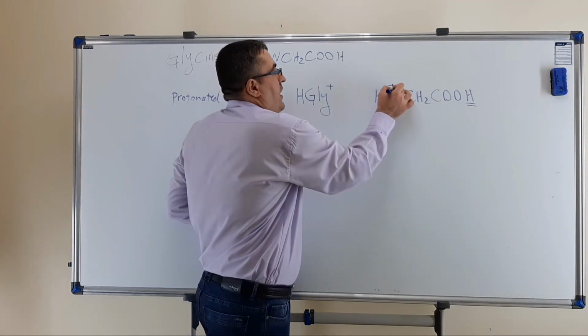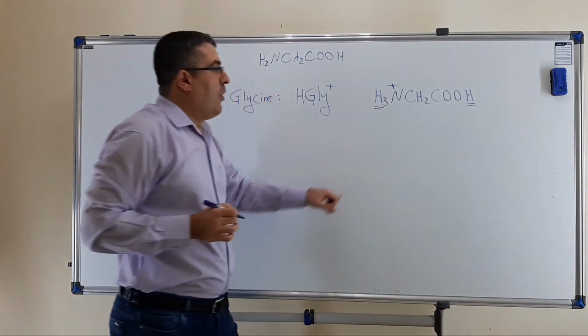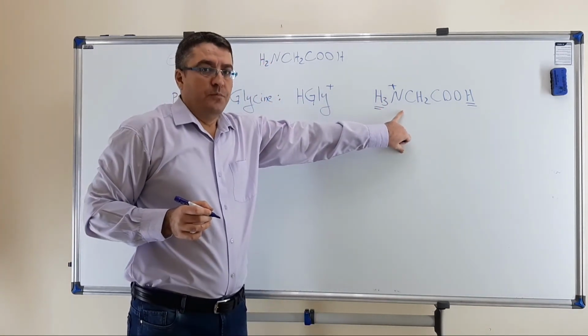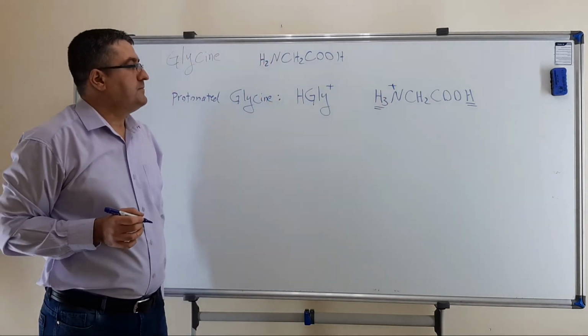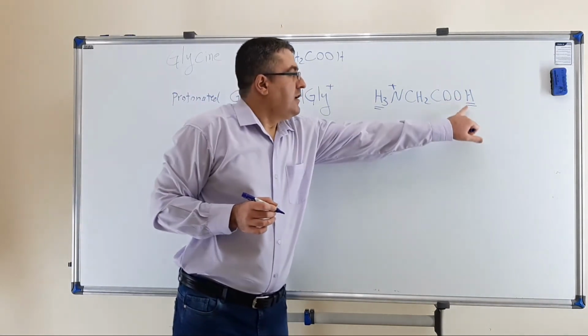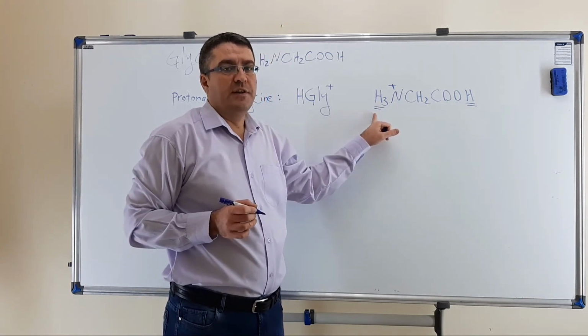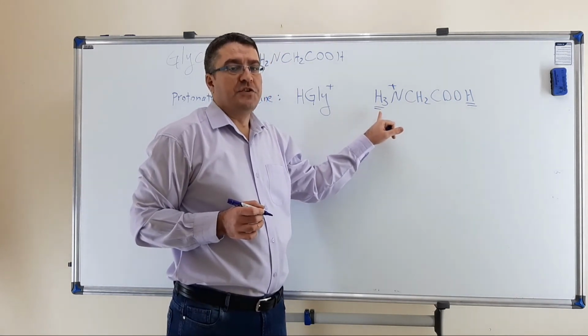Another ionizable hydrogen is here, for the amino group. These two ionizable hydrogens are non-equivalent. They are distinguishable.